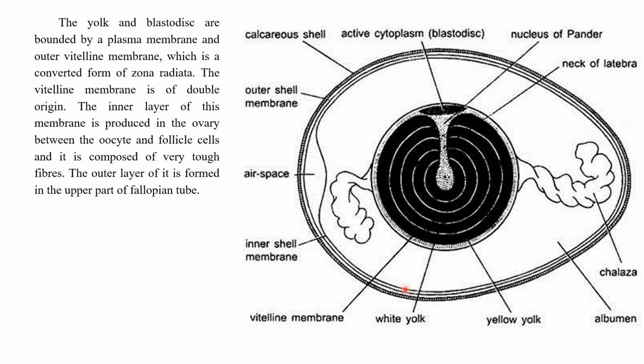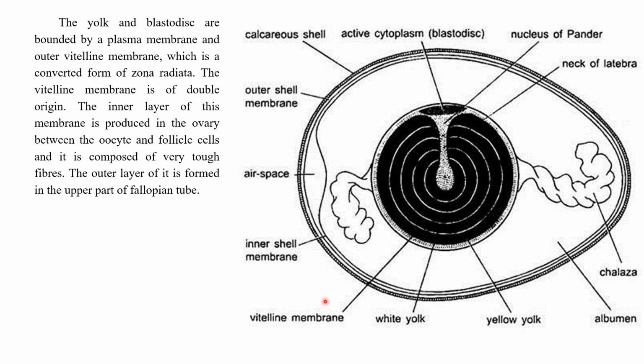The vitelline membrane is of double origin. The inner layer of this membrane is produced in the ovary between the oocyte and the follicular cells and is composed of very tough fibers. The outer layer is formed in the upper part of the fallopian tube.